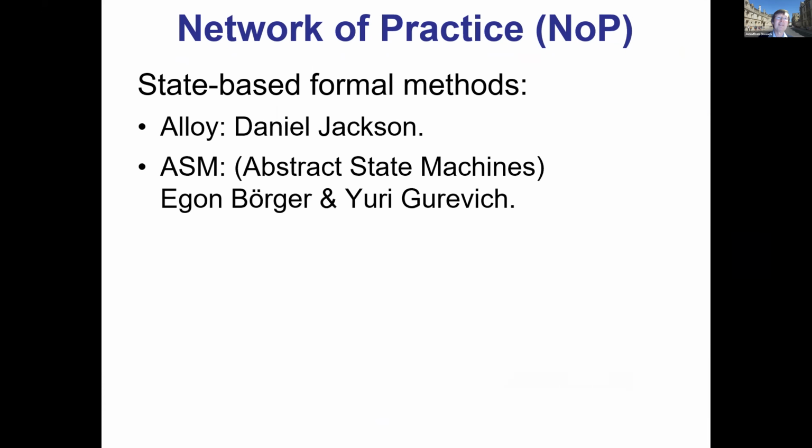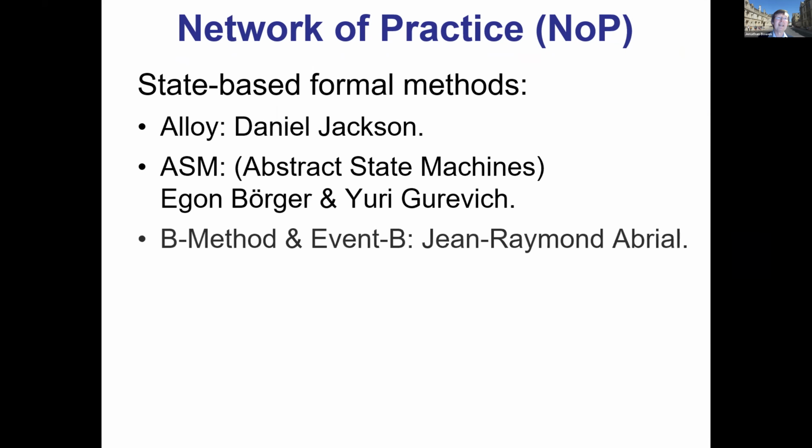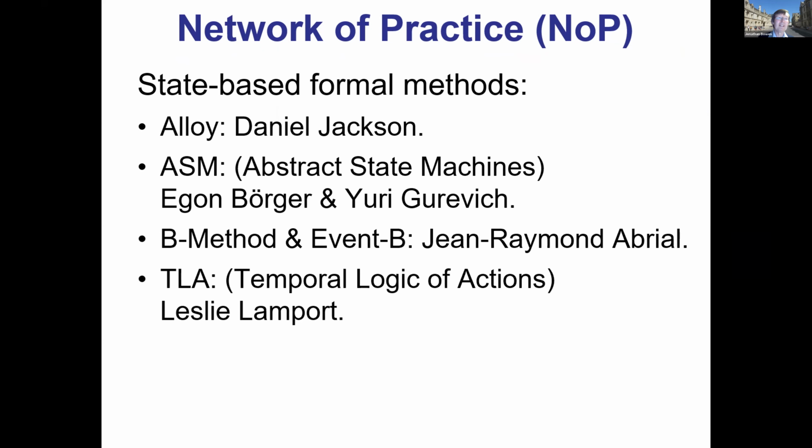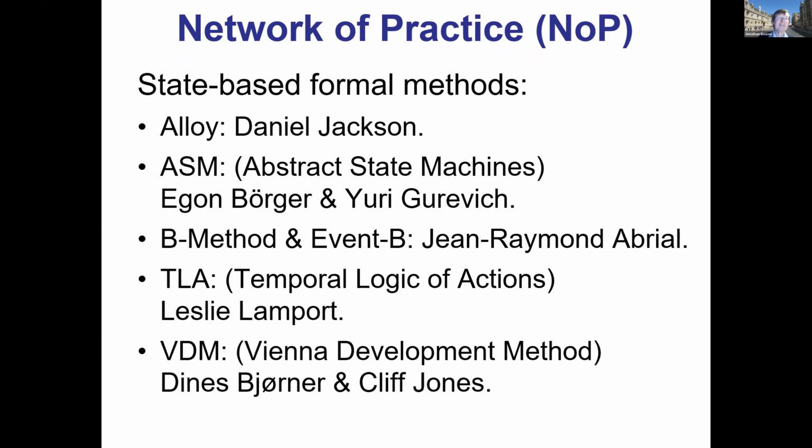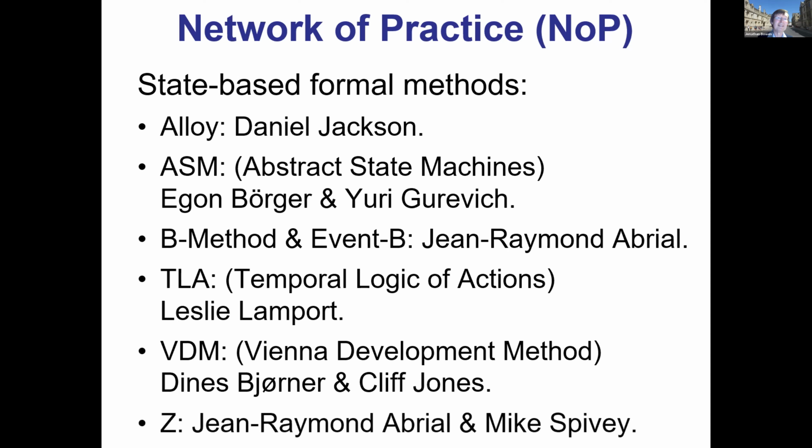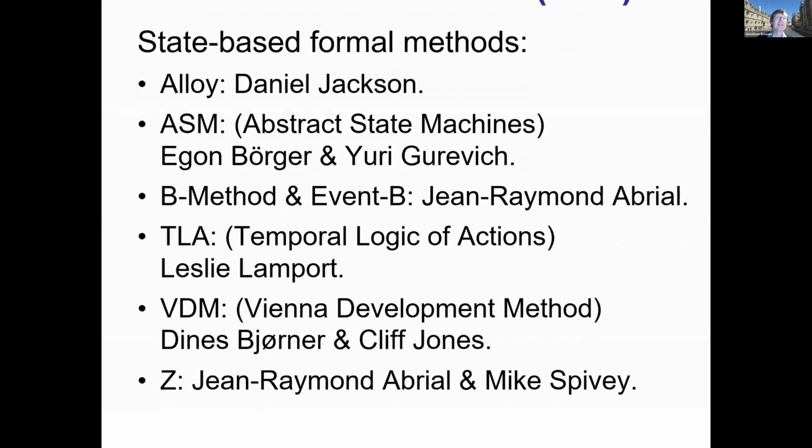I've put the leading people in these different areas: ASM, B method and Event-B, originated by Jean-Raymond Abrial, TLA by Leslie Lamport, VDM, which again, like Z, is probably not so used now, but was an important development in the formal methods arena, and Z, another important development. All these form a sort of network of practice because they're all interested in a state-based approach to systems.